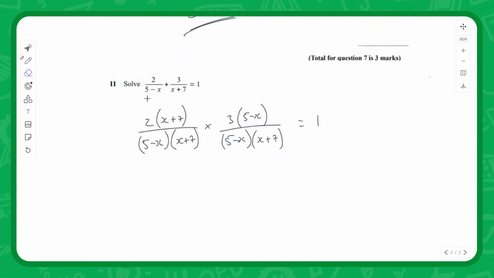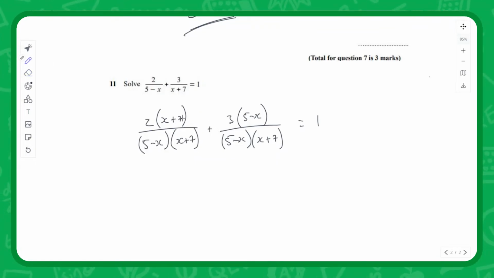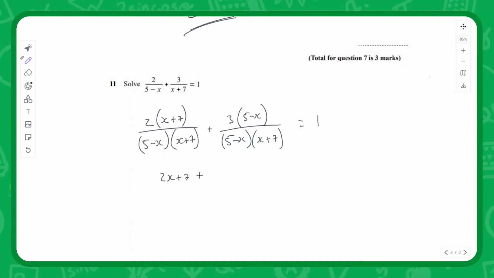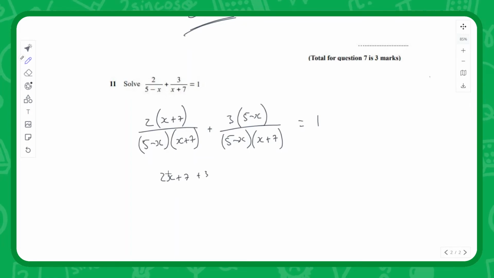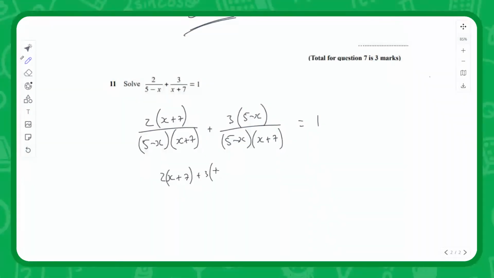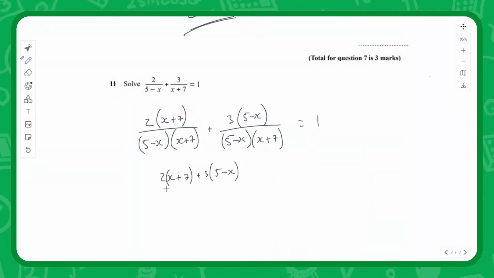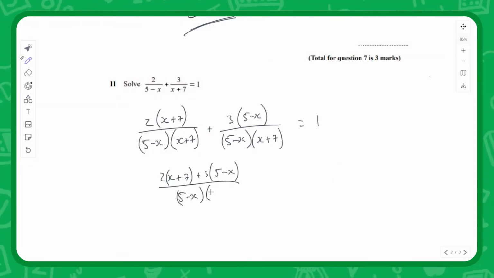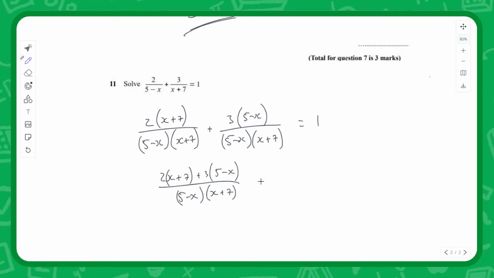I just realized that's a times there. I want to put a plus sign there. And now what I need to do is I just add these two fractions together. I just add the two numerators together. And so I get 2x plus 7 plus 3, 5 minus x, all over 5 minus x, brackets, x plus 7.